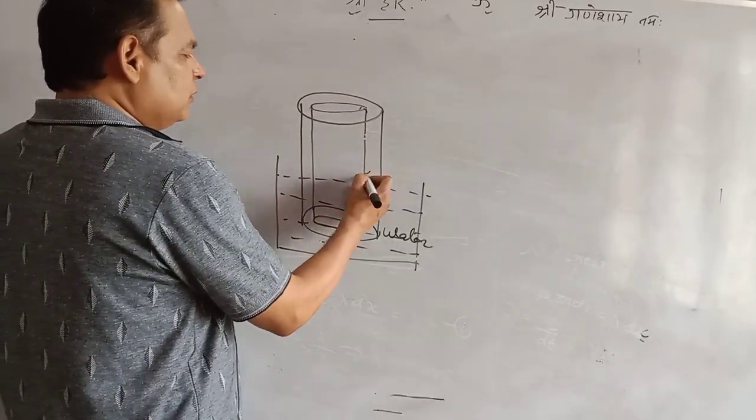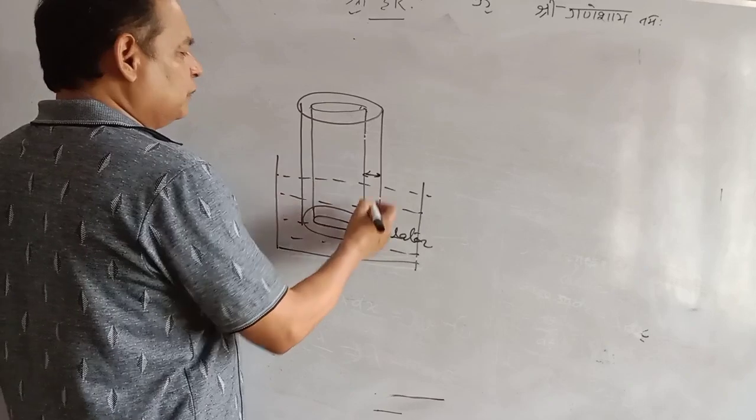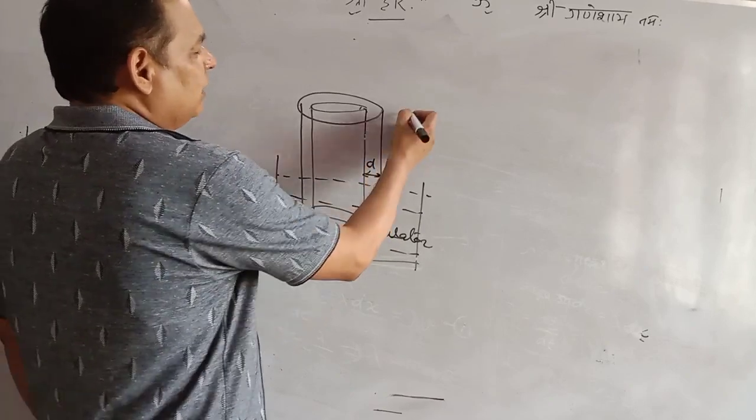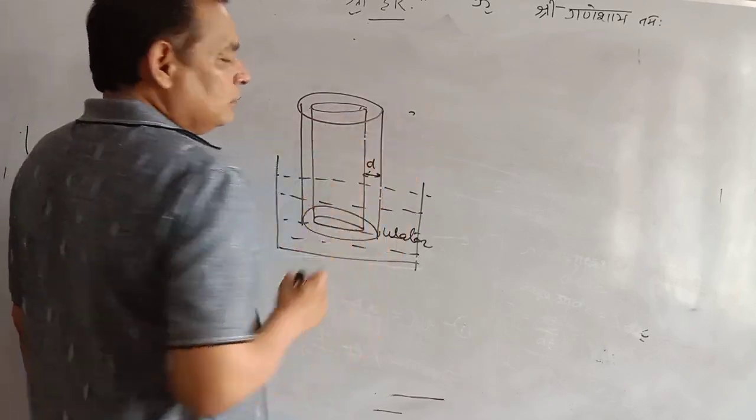The distance between these two surfaces of cylinder is D, and D is very small.